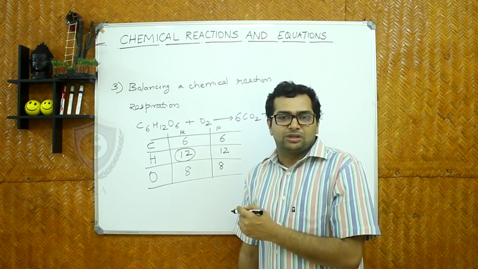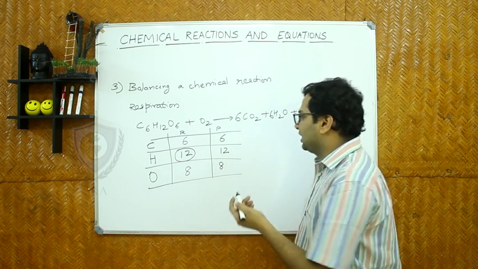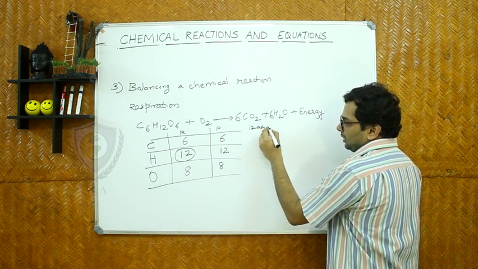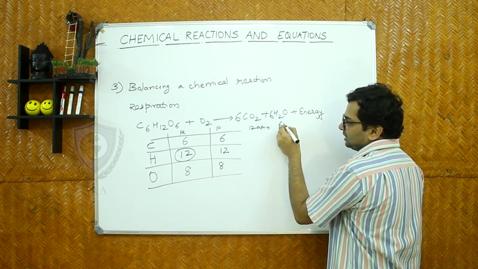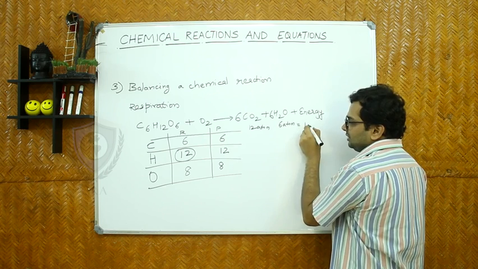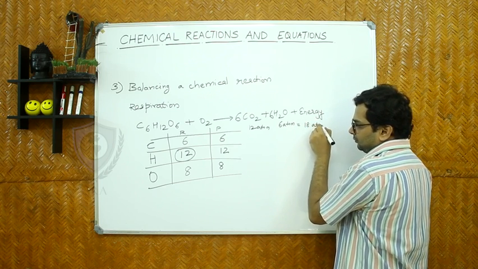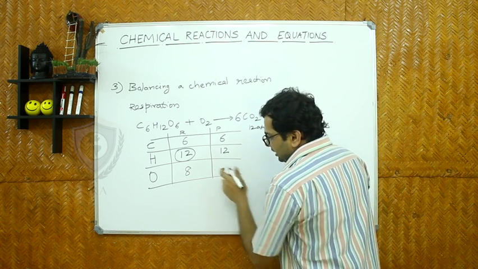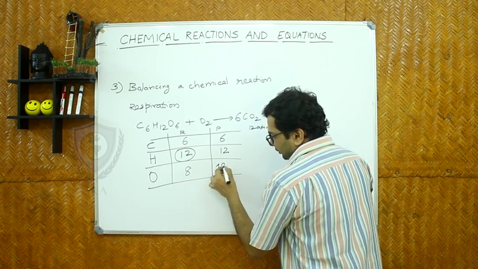The 2 atoms of oxygen are getting multiplied by 6, so it becomes 12 atoms of oxygen here, and here it becomes 6 atoms of oxygen. So the total number of oxygen atoms we have is 18, right? So this has changed from 8 to 18.